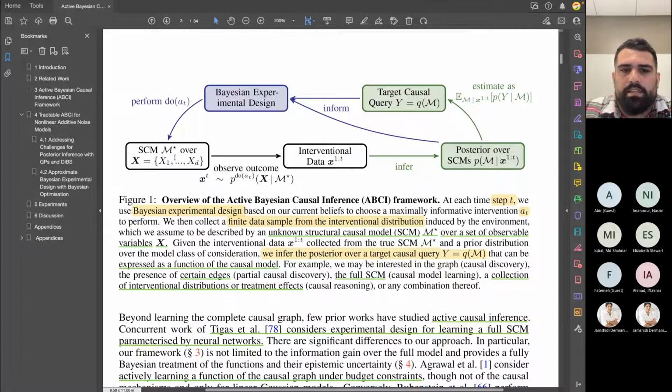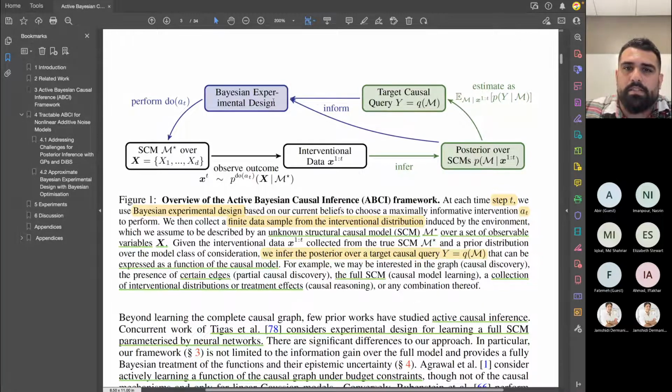Based on that, they try to produce interventional data from the true causal model. After obtaining interventional data from the interventions they perform, they update the posteriors of their Gaussian processes. After that, based on the queries they have, which they call the target causal query, they inform their next experiment.